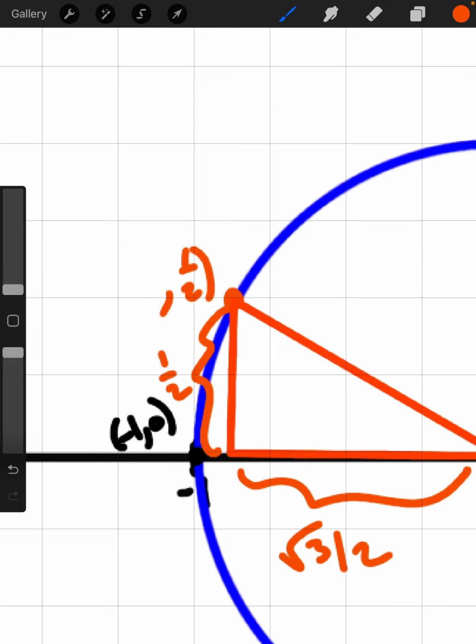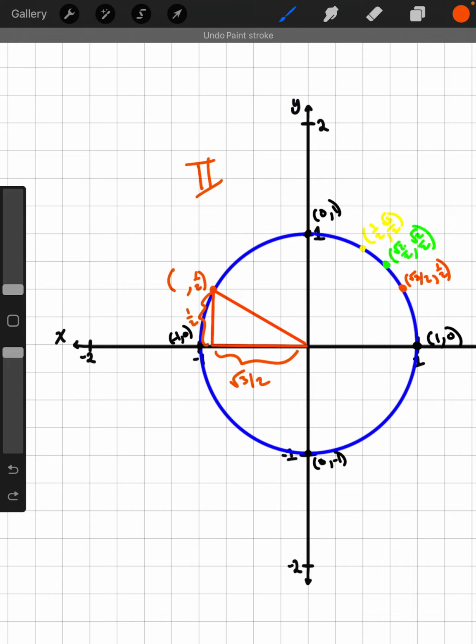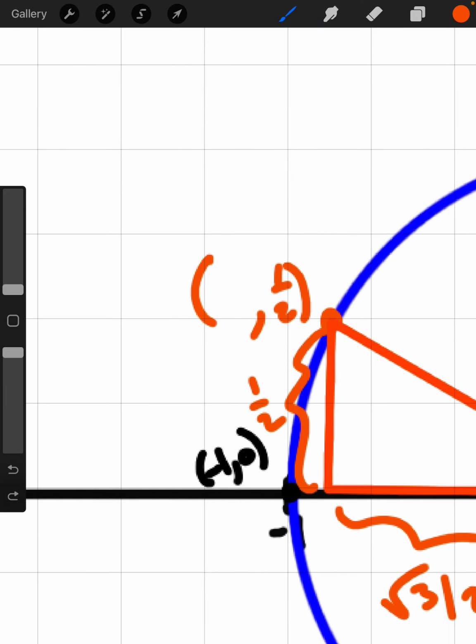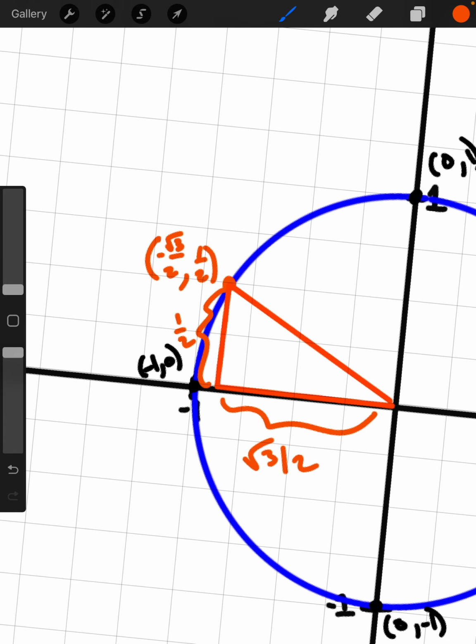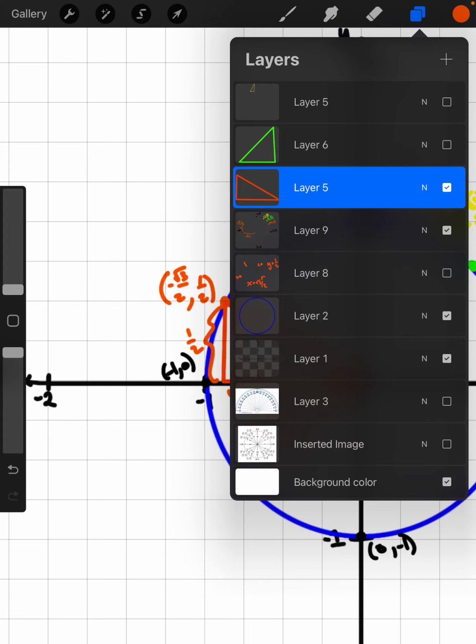However, because this is not just a circle, this is a point on a graph, when I'm in quadrant 2, I have -x, positive y. So that means for this point that I'm plotting, I need to have negative square root 3 over 2 because my x needs to be negative.